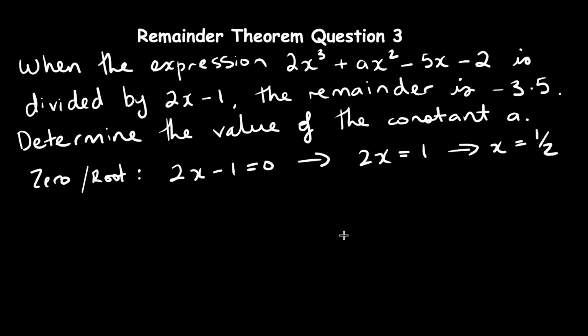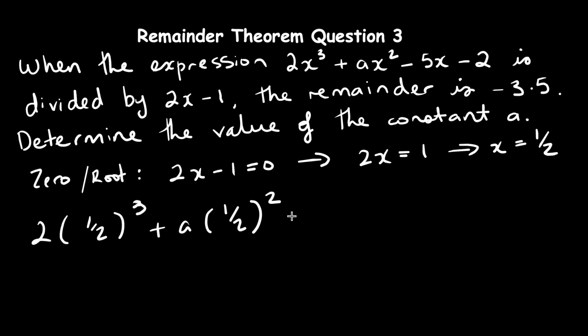Now, if that is the case, when we substitute that into our polynomial, the remainder is negative 3.5. So that means that 2 times a half cubed, that's a 3, I promise, plus a times a half squared minus 5 times a half minus 2 should be giving us negative 3.5.